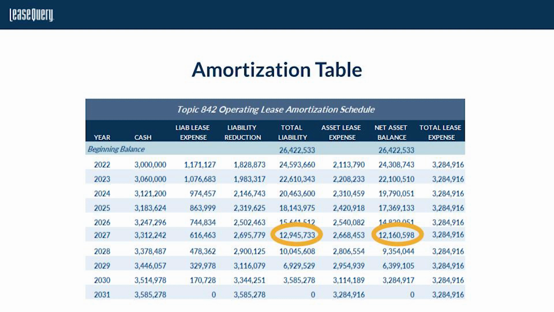So here is an amortization table for the original lease. And we're going to say the modifications were made in the 6th year. So in that 6th year, you'll note that we have a liability balance at the end of the 6th year of $12,945,733, and the right of use asset balance at the end of that 6th year is $12,160,598.